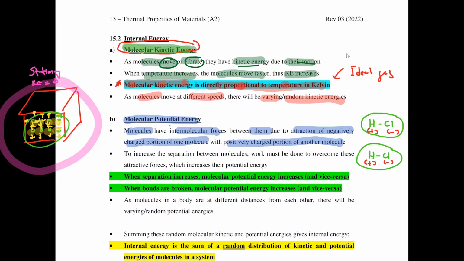So if your hydrogen chloride molecule comes close to another hydrogen chloride molecule, your negative end here would be attracted to the positive here. Likewise, the other positive here will be attracted to the negative here. This is what we mean by intermolecular forces.